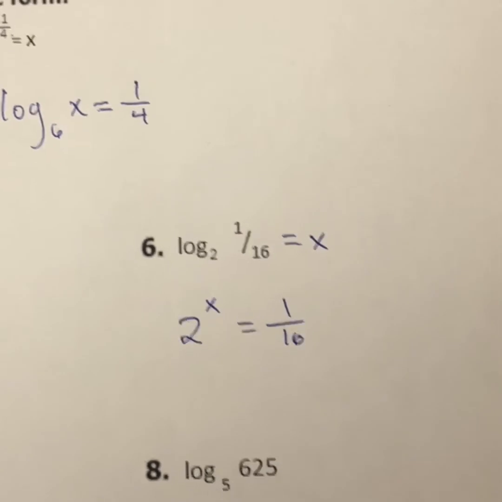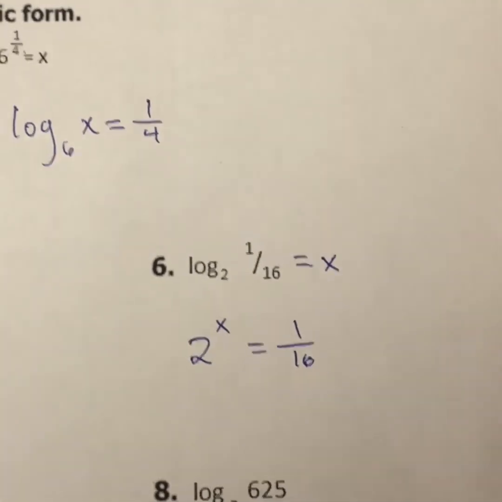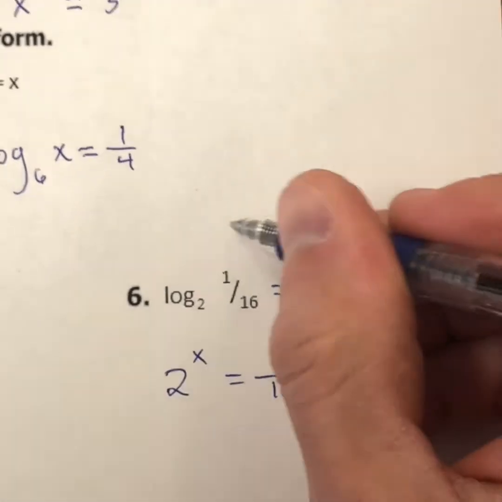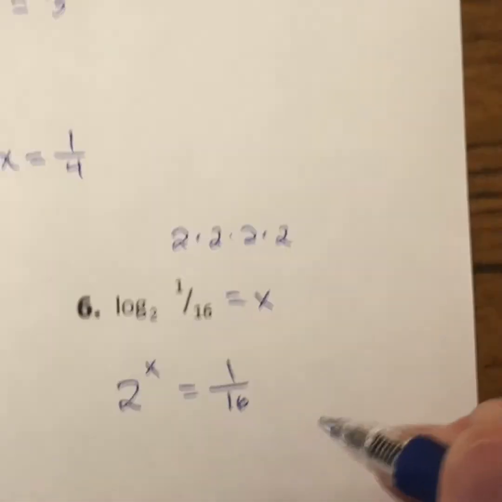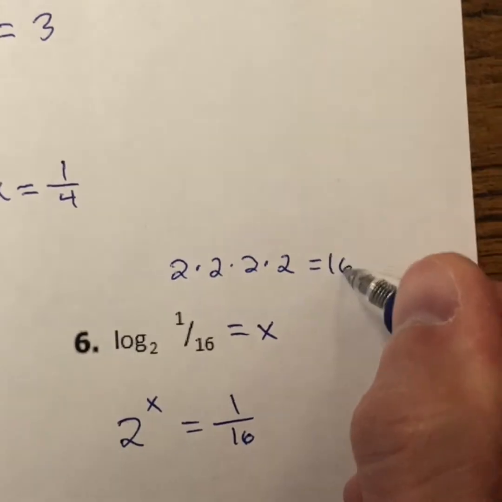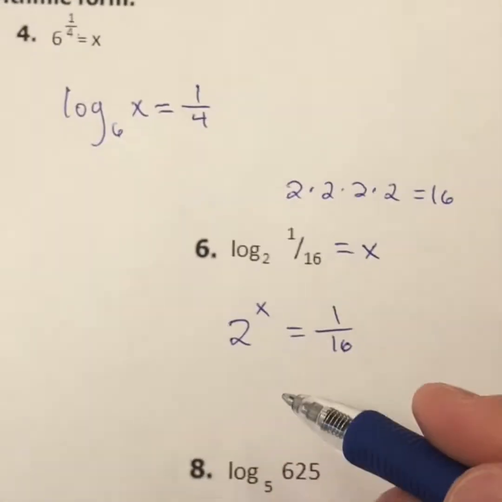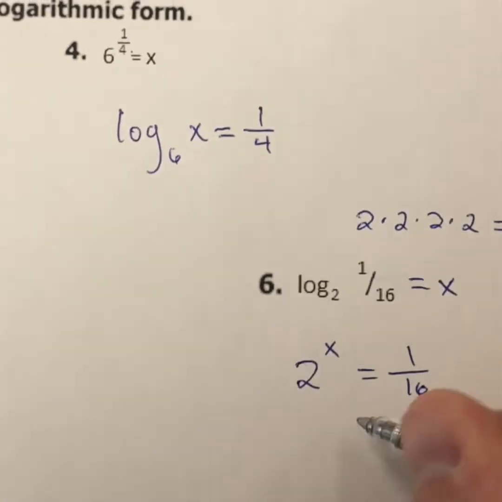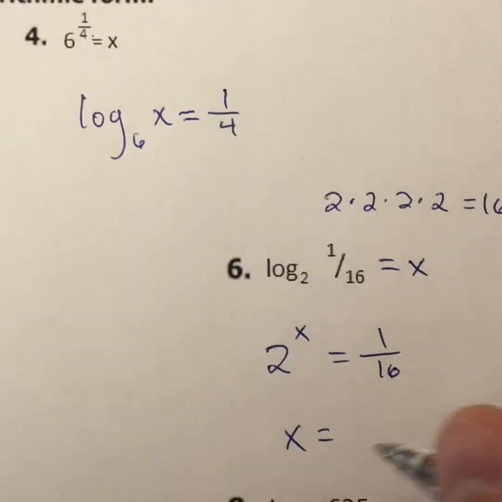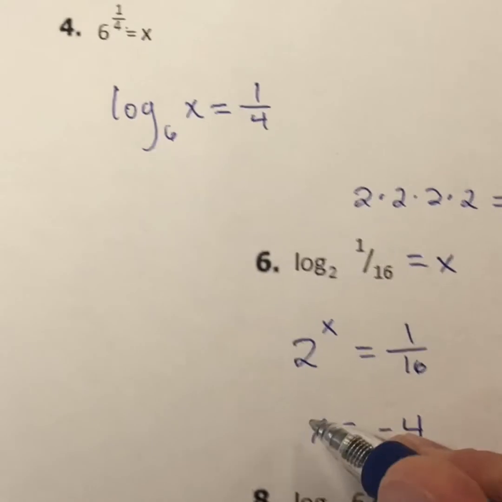Well, we know 2 to the 4th is 16. 2 times 2 times 2 times 2 is going to get us 16. So if this said 16, we would just say x equals 4. But since it's 1 over 16, x is going to equal negative 4.